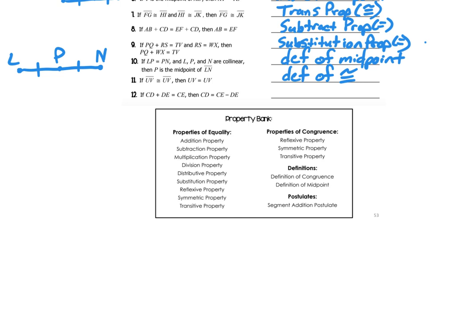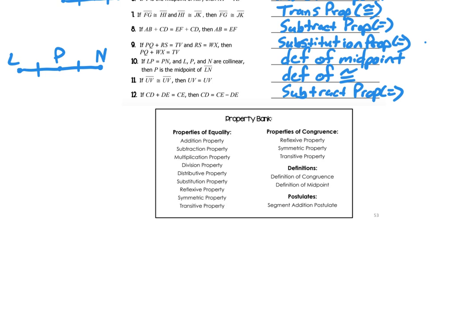Yeah, exactly. They're subtracting DE from both sides. So that's the subtraction property of equality. Okay? And I truly do feel like it helps to cover up. Look at the beginning statement, where they started. What did we do to get here, right? If this, then this. How are we going to get from here to here? That's the goal when we do these.